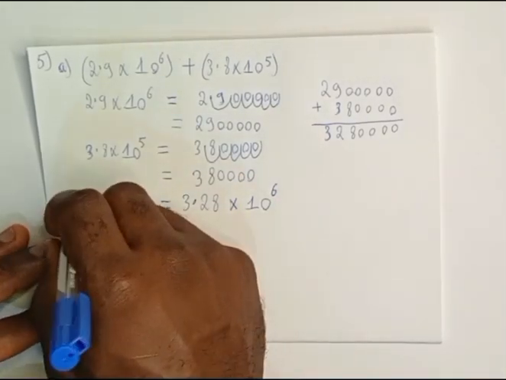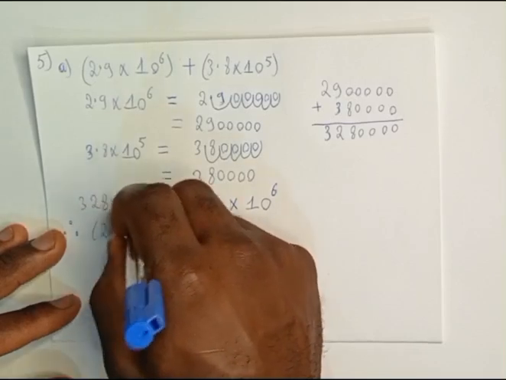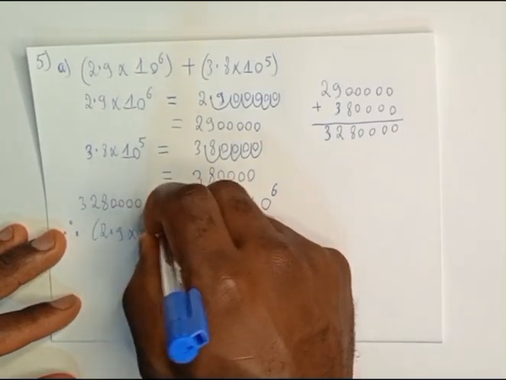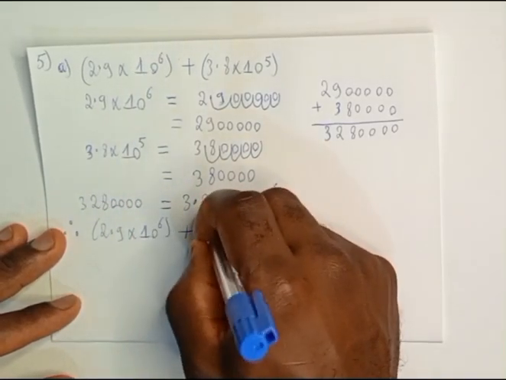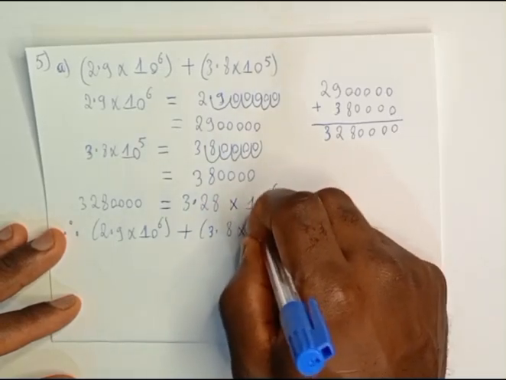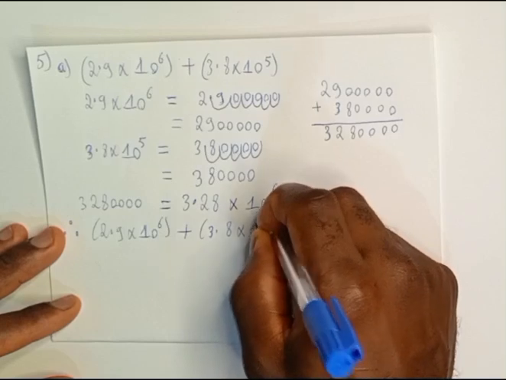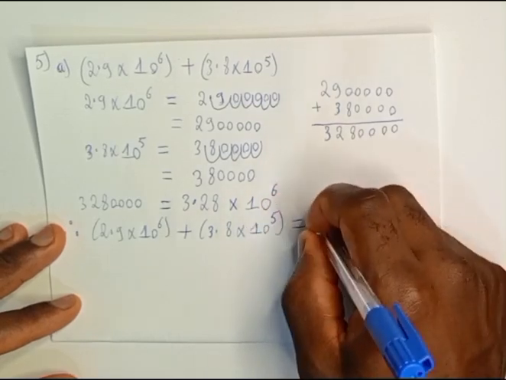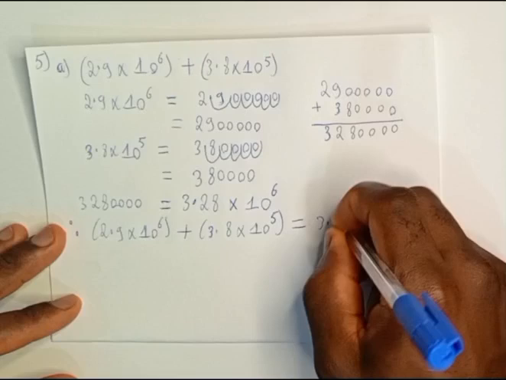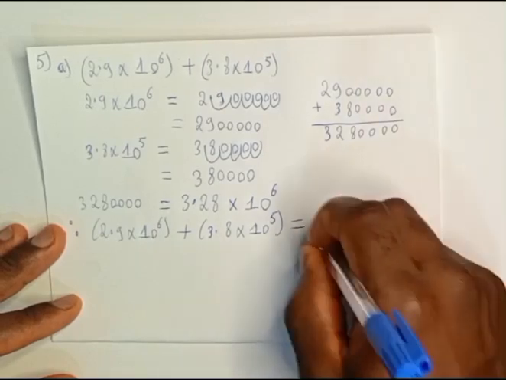Then we conclude. Therefore, 2.9 times 10 to the power 6 plus 3.8 times 10 to the power 5 is simply equal to 3.28 times 10 to the power 6.